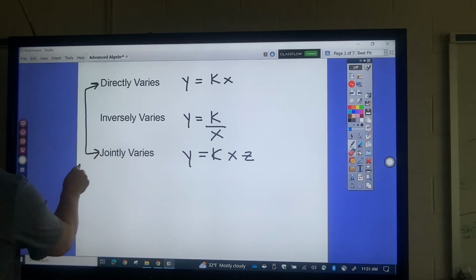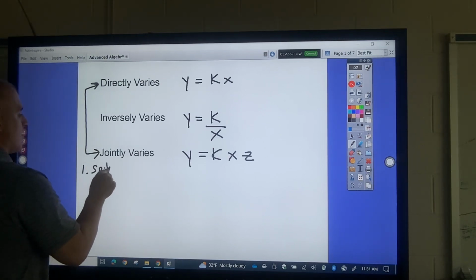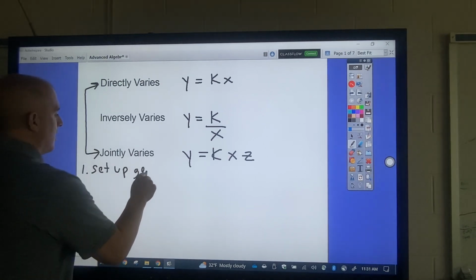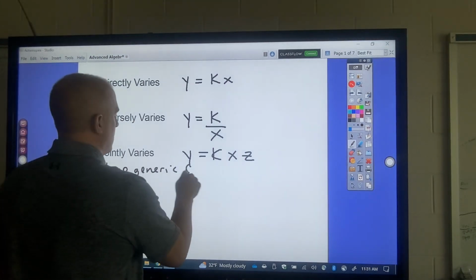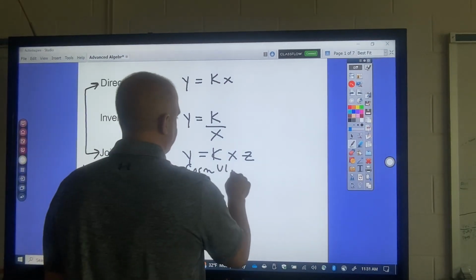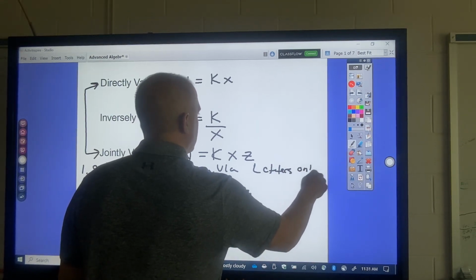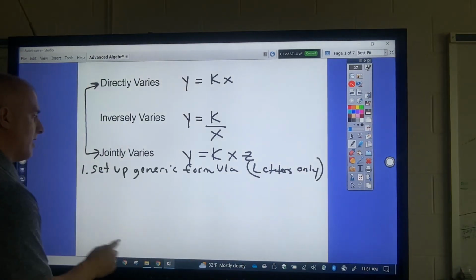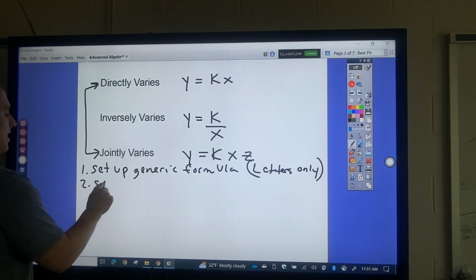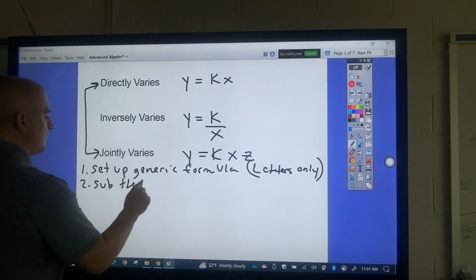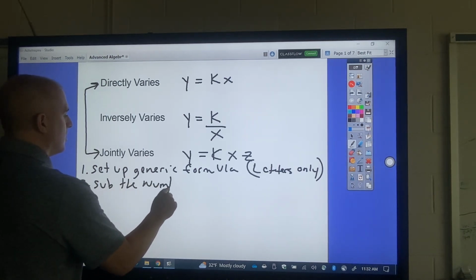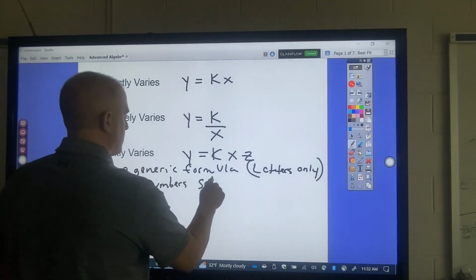The first thing you want to do is set up your generic formula, where you just have letters. The second step is to sub in the numbers and solve for k.